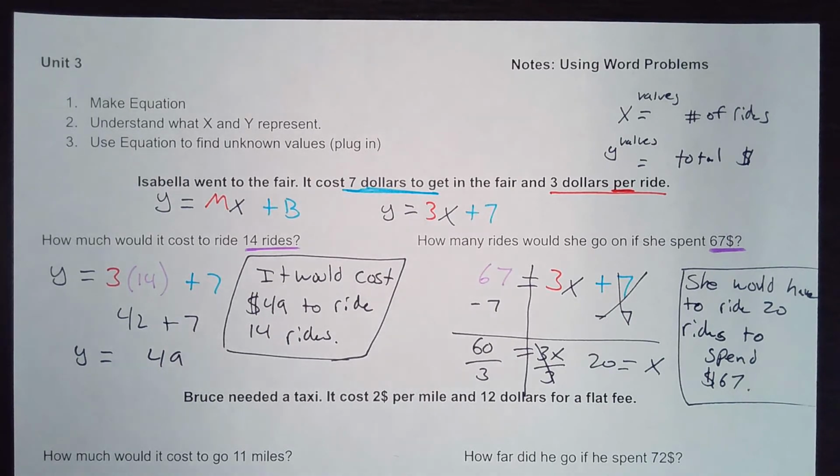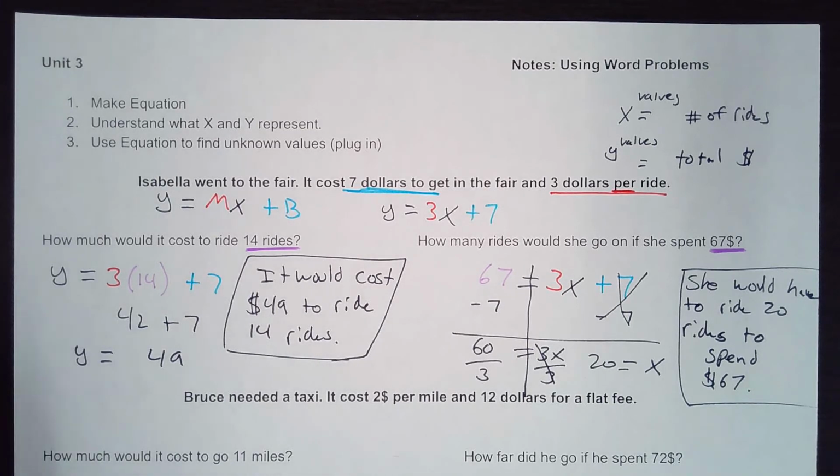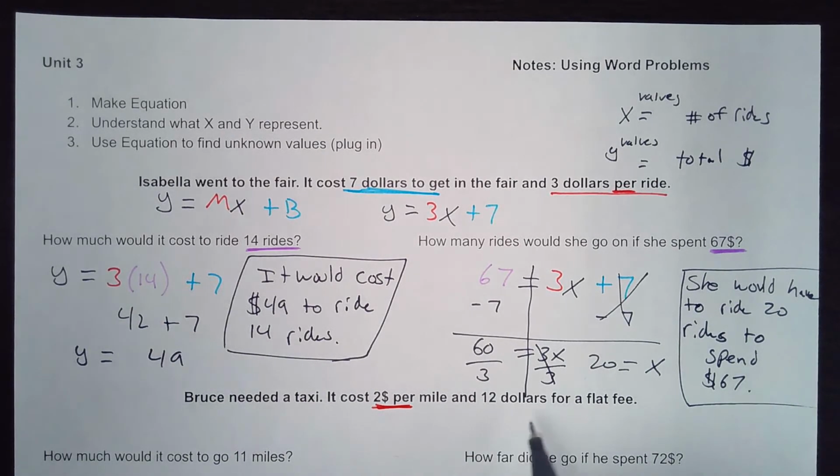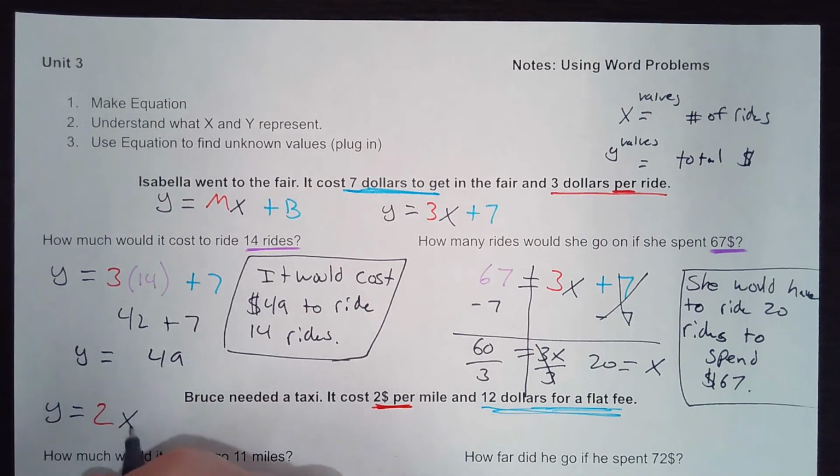Okay, we can do one more here. So we wrote the equation in the last problem, so we're not going to go into that too much. It costs $2 per mile. So the per tells us that's our M. Flat fee tells us that's our B. So our equation is y equals 2x plus 12.